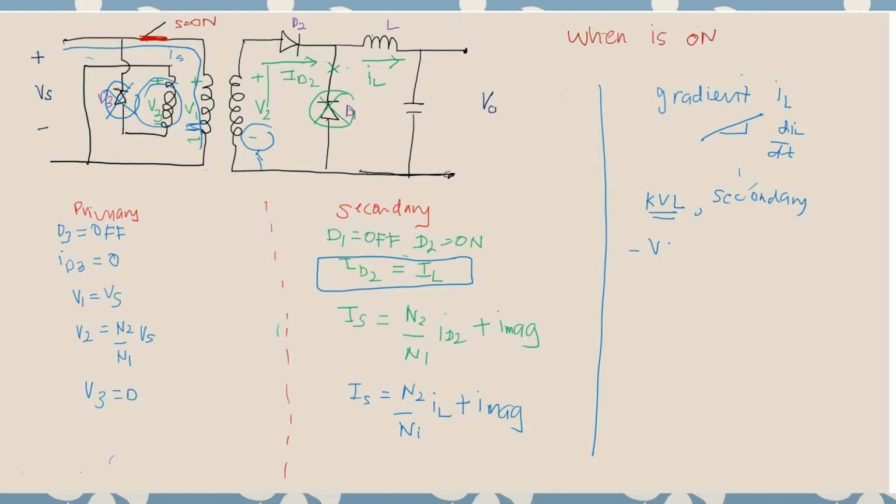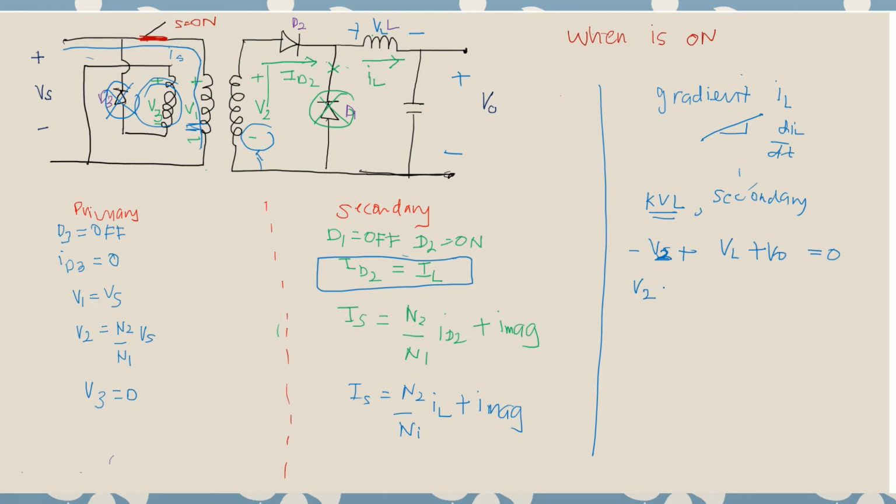So negative V2 plus VL plus V naught. Why plus? Because this is plus minus VL plus minus, and we see the plus sign first, so that's why it's plus. Then we shuffle the equation so that we get, sorry, not Vs, V2, yeah.